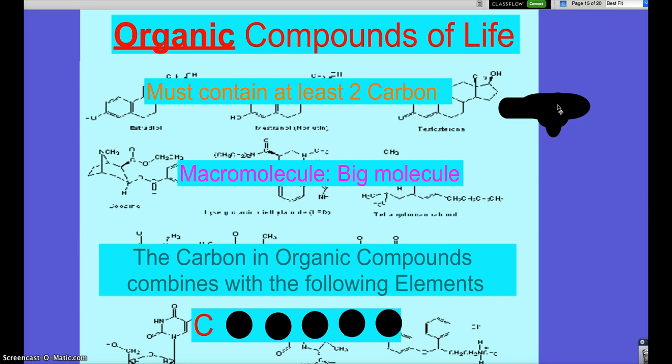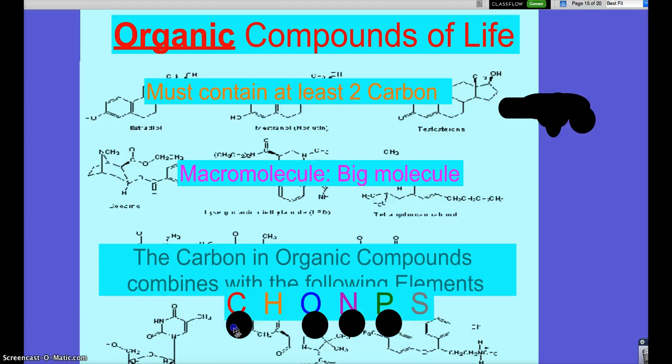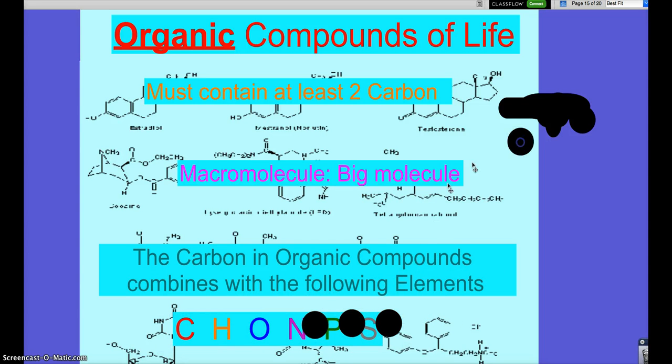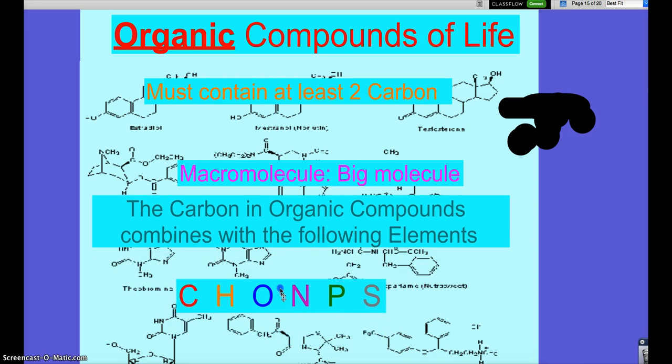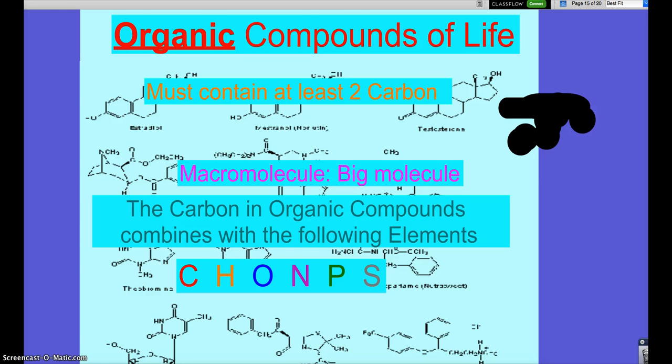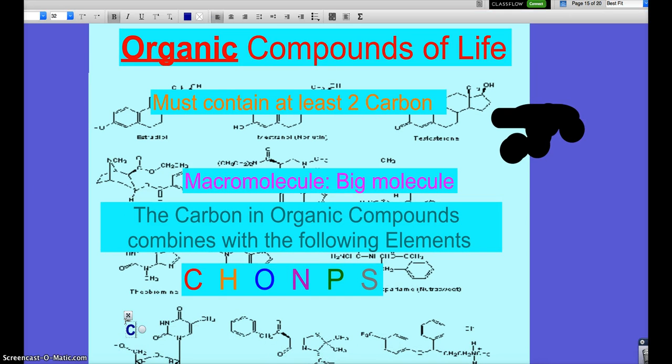What do you think organic compounds contain besides carbon? What elements? Oxygen. What else? Hydrogen. Whoops. And there are all the answers. Nitrogen, phosphorus, and sulfur. Now, if you don't know these elements by their letter, write it down.